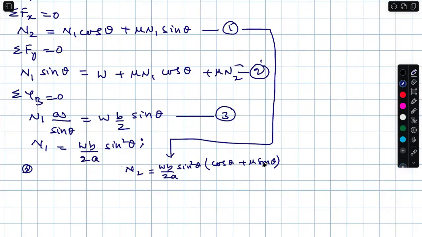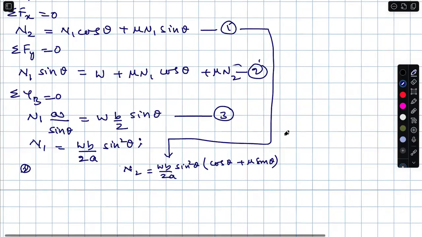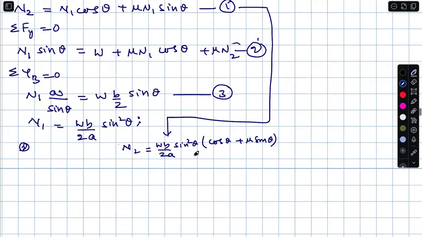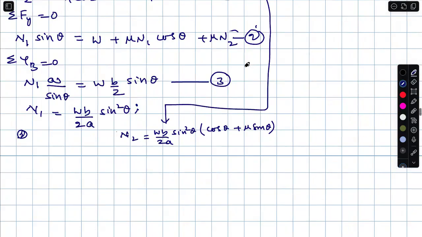Okay, by the way, you got N1 and N2. What to do with that? Use the value of N1 and N2 in equation 2. You require some condition, right? In terms of 2A by B. Now you have N1, you have N2.